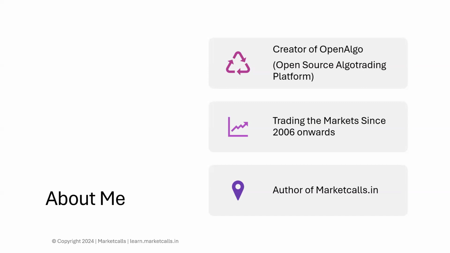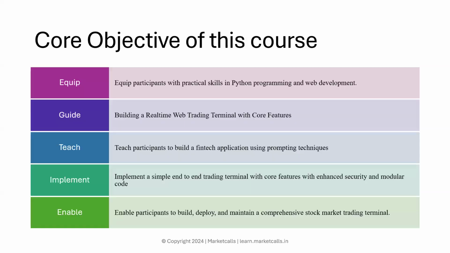Recently, I'm also writing about the various LLM models, how they can be used particularly for trading and investing concepts. I've been writing in Market Calls since 2007 onwards. Close to now, I would have written like 4,000 articles over a period of 17 years. And the core objective of this course, I'll tell you.